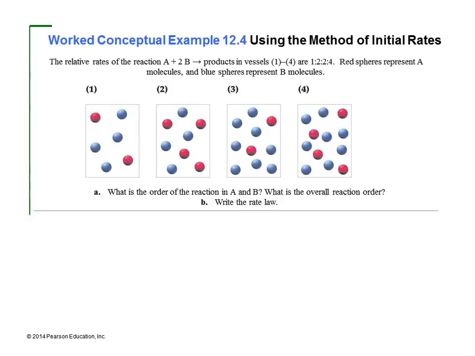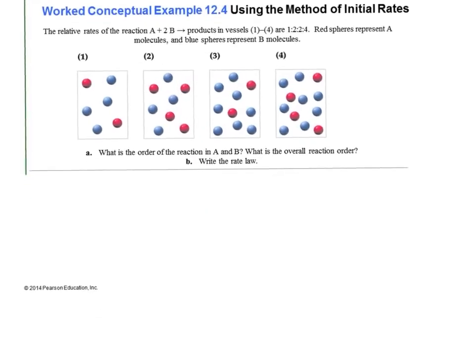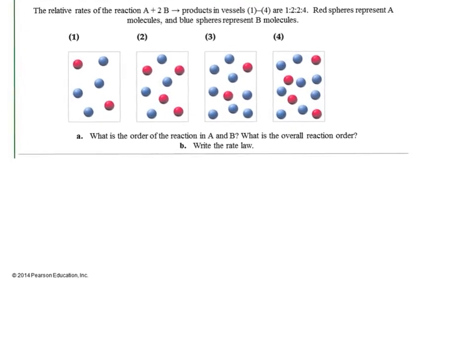Here's another way of working with the method of initial rates from a purely conceptual point of view. The relative rates of the reaction A plus 2B yields products are shown in vessels 1 through 4, and their relative rates are 1, 2, 2, 4.